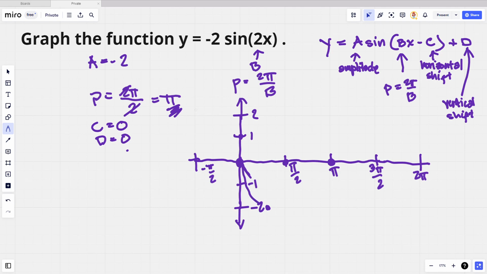Connecting this, we'd have this going up. Then identify the midpoint between pi over 2 and pi, somewhere right here, and it should be aligned with y equals 2, because the midline to the highest point is 2. Connecting these points, we'd have this graph. So this is now the graph of y equals -2 sine of 2x.